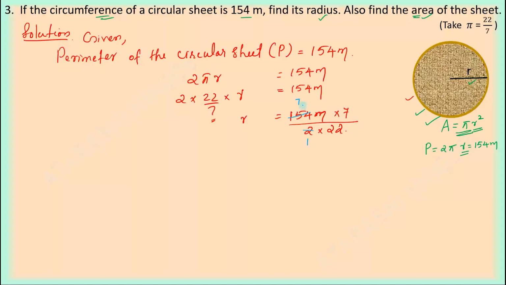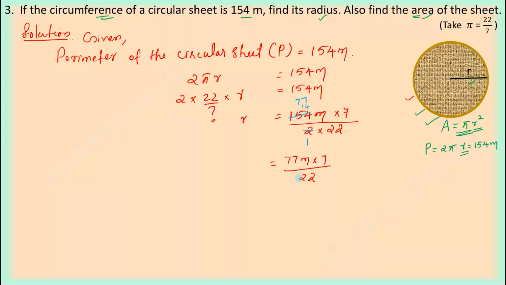Write the next digit with this 1, that is 14. Now the dividend is 14. When we divide 14 by 2, we get 7 here. So this becomes 77 meter into 7 divided by 22.